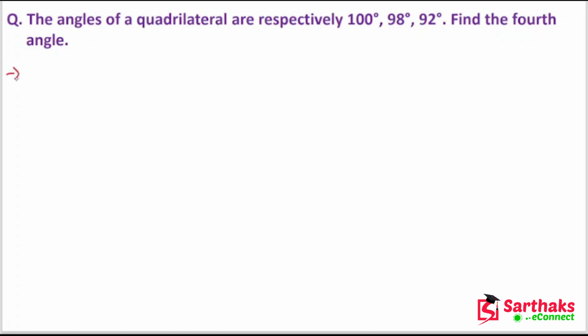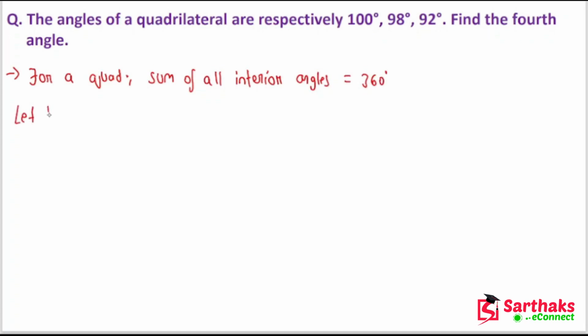Simply, we know that for a quadrilateral, the sum of all interior angles is equal to 360 degrees. So let the fourth angle be x degrees.